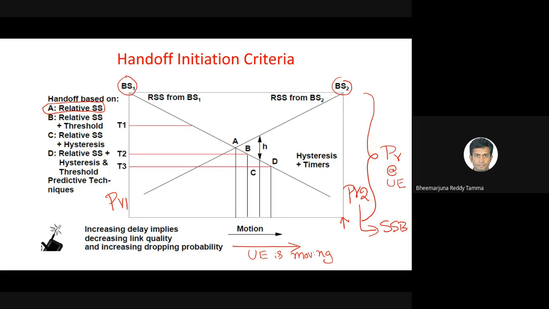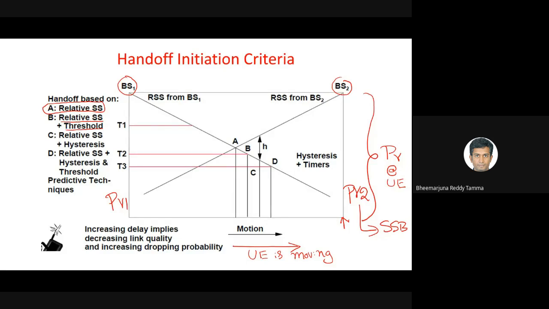So you have this PR1 and PR2, and you have set your plan to use a threshold. One of the examples that I wanted to show here is that you are looking at the relative signal strength, and also you are putting a threshold.